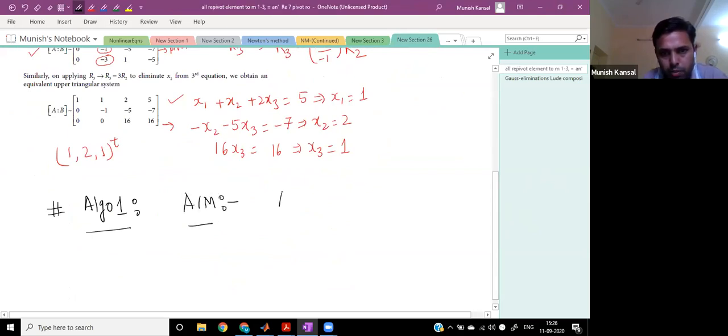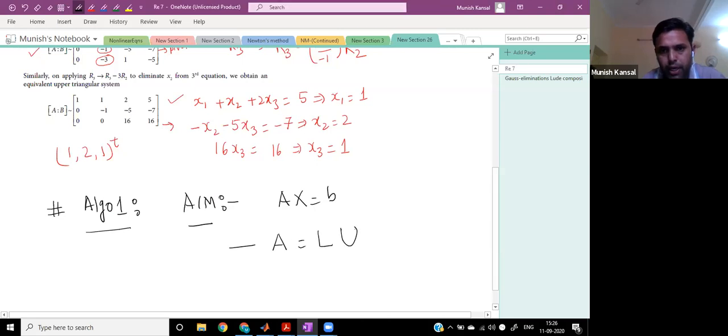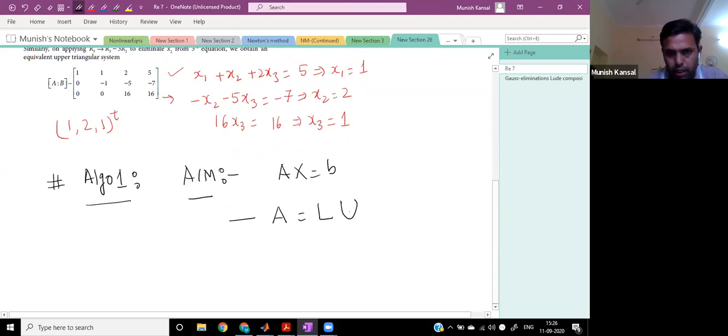Given a linear system of equations, I will just ask you to break this matrix into a product of L and U, right? Nothing else you have to do, you have to just break A as a product of L into U. Those who are working simultaneously on MATLAB, they can look for this. So A is equal to L into U.